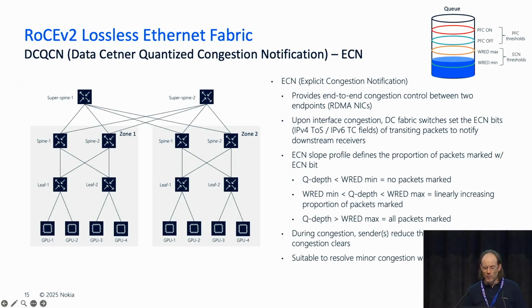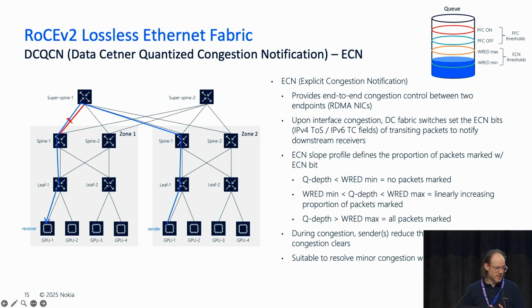So how do we actually enable lossless Ethernet on the network? There are two key attributes I want to call out today. The first is ECN, or explicit congestion notification. ECN kicks in when there is mild congestion somewhere in the network, and it provides a way to signal to endpoints to slow down rather than drop packets. Take an example: I've got a flow going between GPU 1 in zone 2, sending to GPU 1 in zone 1.